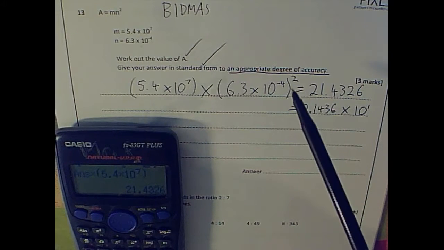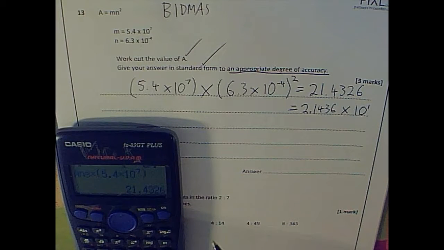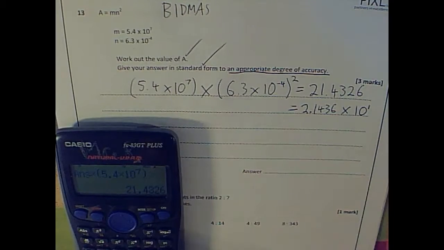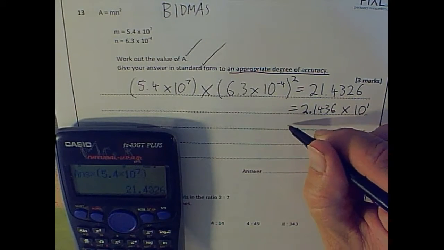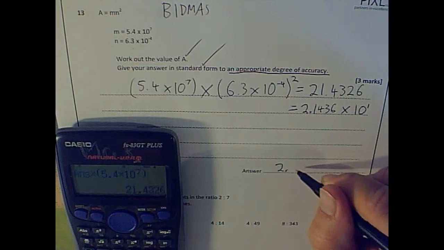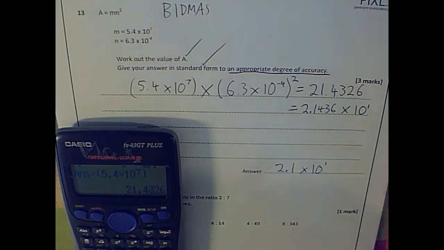If I did it with greater accuracy, it wouldn't be appropriate. I want to retain the same degree of accuracy as was given in the question. So that would be 2.1 times 10 to the 1, to an appropriate degree of accuracy.